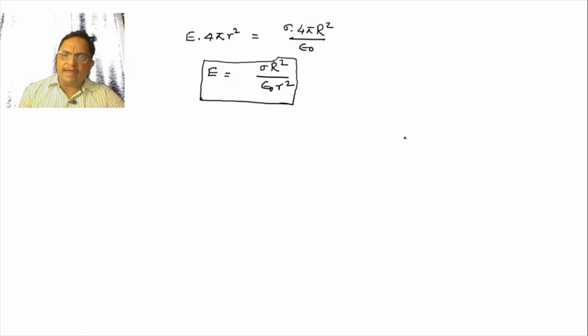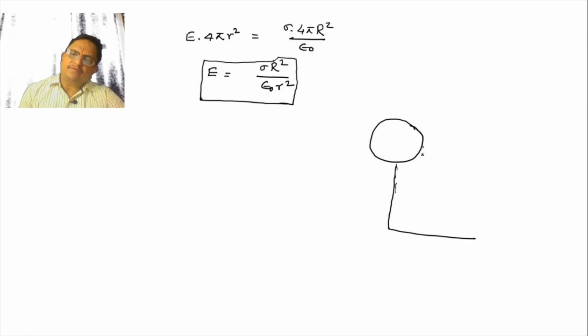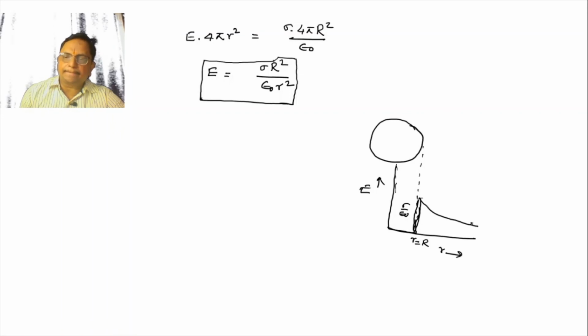If we plot a graph, let us consider a spherical surface here, and we want to calculate the electric field intensity. We find that up to radius r, electric field is 0, but at the surface it is sigma over epsilon 0, then it is decreasing, E proportional to 1 over r square.